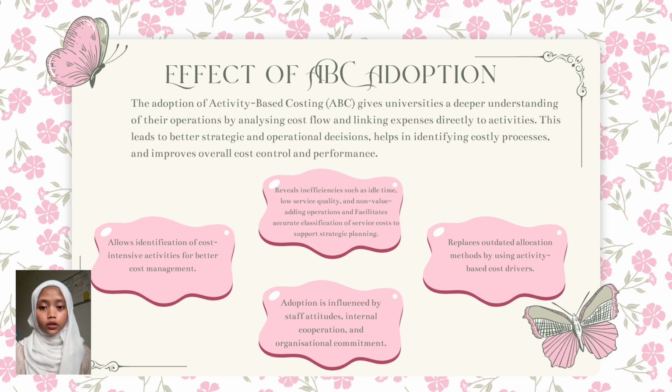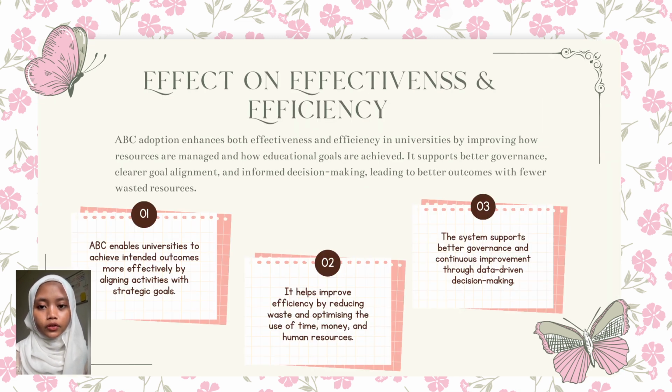However, successful adoption of ABC doesn't just depend on the system itself. It also requires staff cooperation, a willingness to change, and overall organizational support. For effectiveness and efficiency, ABC improves effectiveness by helping universities align their activities with strategic goals and achieve better outcomes.